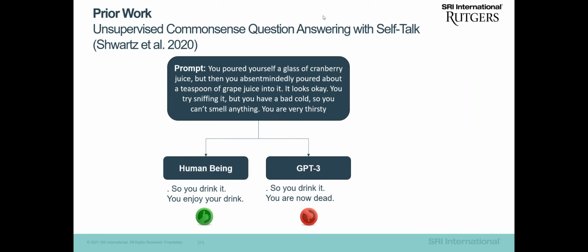So let's look at first some prior work. Prior work done by Vered Shwartz, I think this came out in the ACL conference. There is a notion of self-talk, right? What you do is that before you jump directly into answering the question, you ask yourself some supporting questions. Now, isn't that interesting?